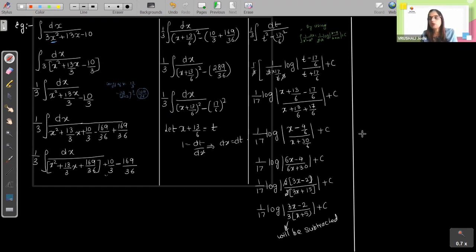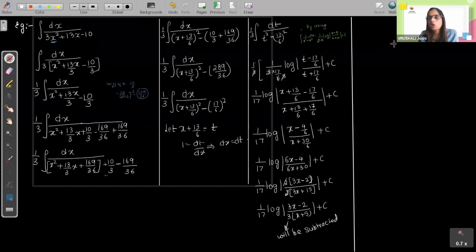See, as per log rules, 1/17 log 3, we can use there like this. See, according to the log rules, 1 by 17 minus log 3. This will give you minus 1 by 17 log 3.